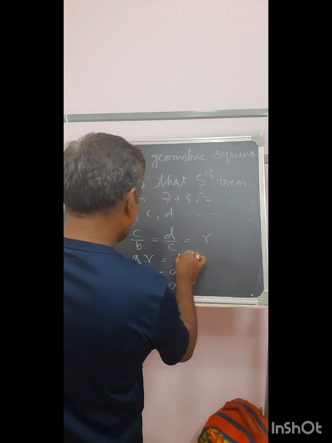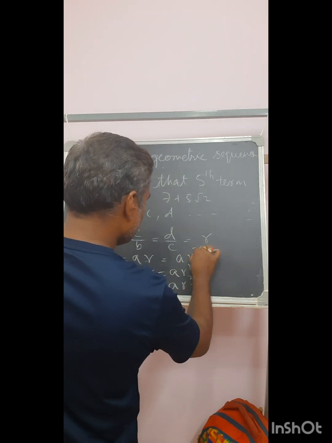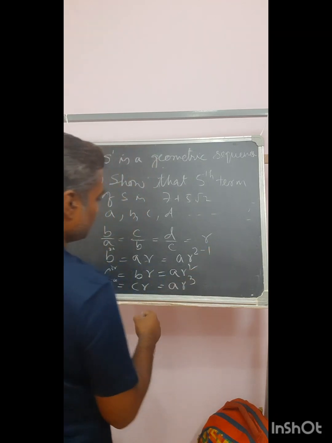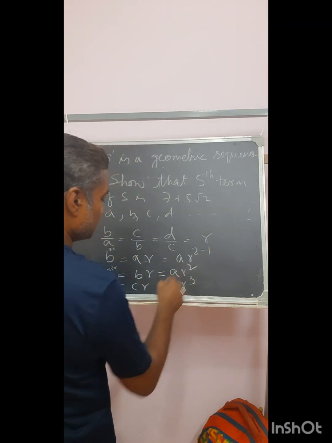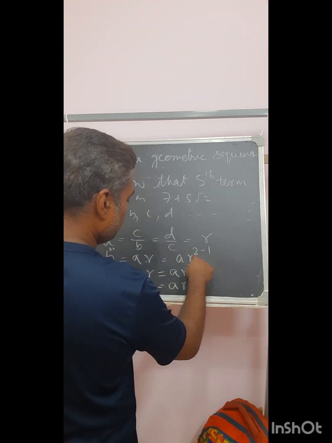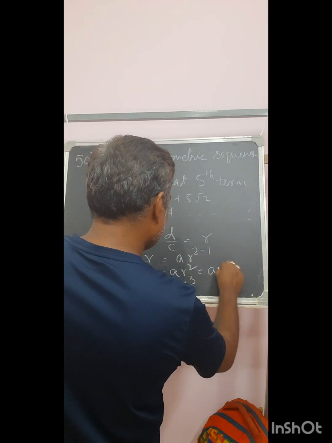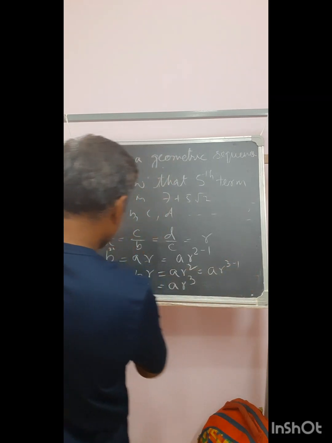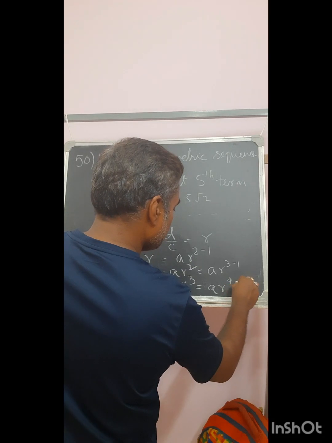So if I represent it in the same manner, it will give similarity to represent the terms. The second term I can represent as a r to the power 2 minus 1. Similarly, I can represent the third term with 3 minus 1, and the fourth term with 4 minus 1.